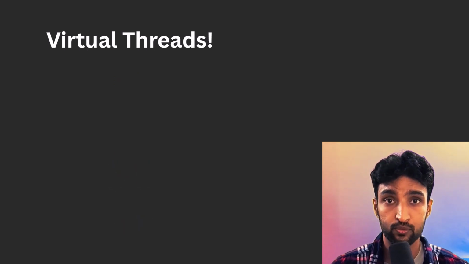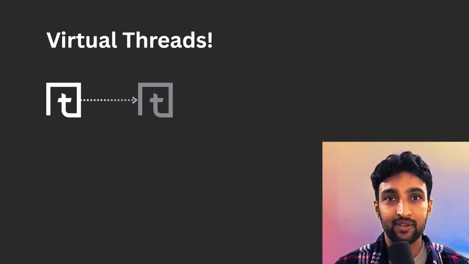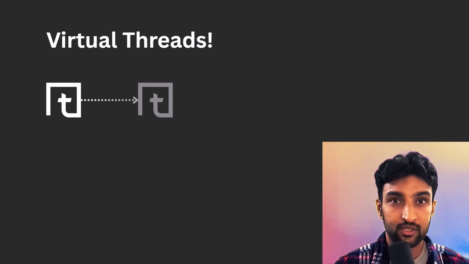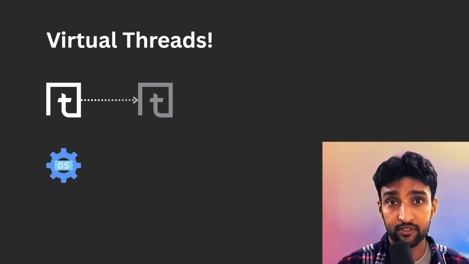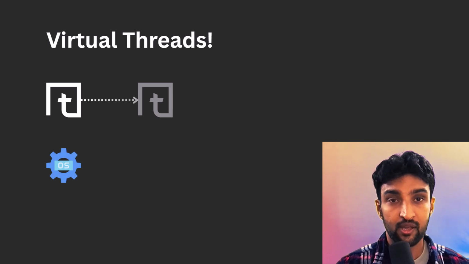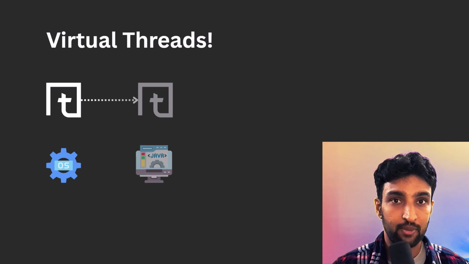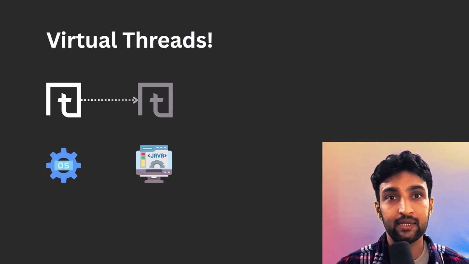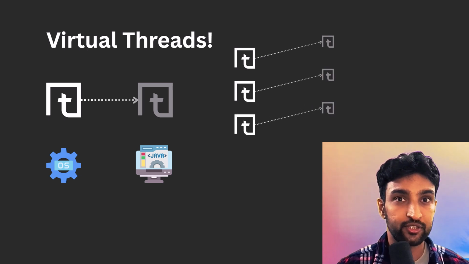Now let's continue. You can think of virtual threads as a lighter version of the traditional threads. Unlike traditional threads, which are managed by the operating system and consume significant resources, virtual threads are managed by the JVM and are much more lightweight. Internally, virtual threads still rely on traditional threads.